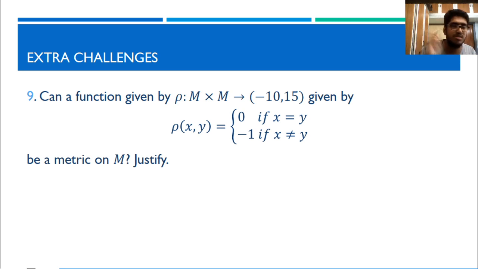So trivially, the range should be a subset, and here the range contains the set -1 comma 0, and the set -1 comma 0 is nowhere a subset of the closed interval 0 comma infinity. Hence we can confidently conclude that this cannot be a metric on any set M.